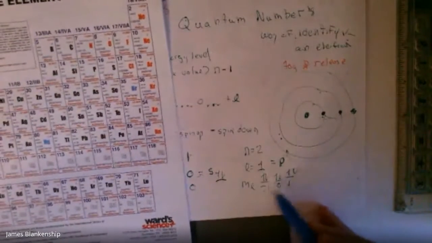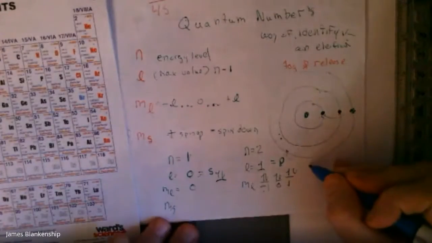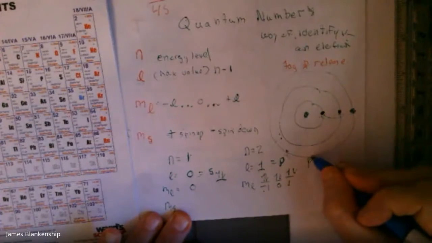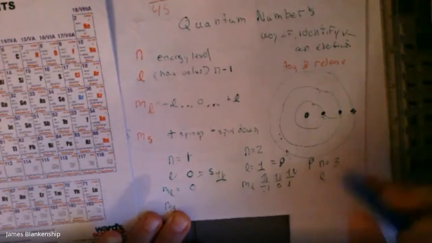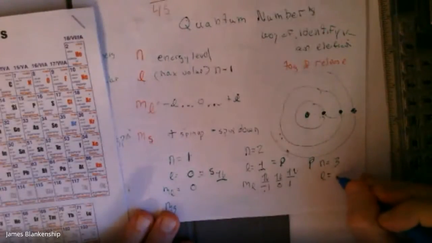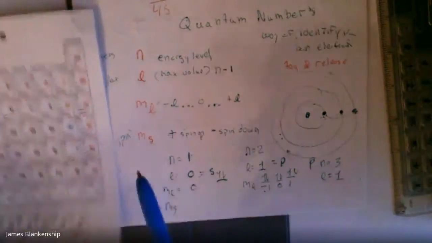And then we would look at it as our maximum value would be, I'm going to write phosphorus here, and then our N for phosphorus is 3. Because it's phosphorus and we're in this P block, our L equals 1. Because it's in P, it must be 1.